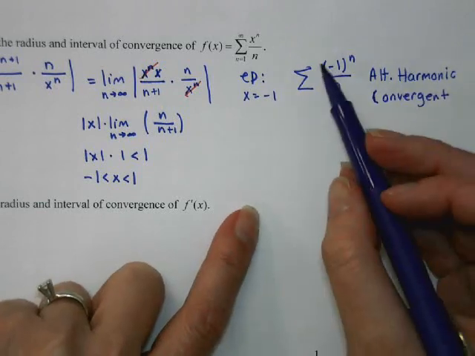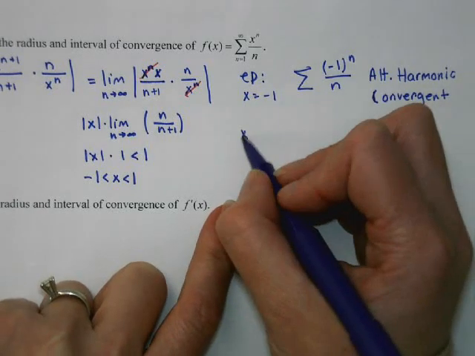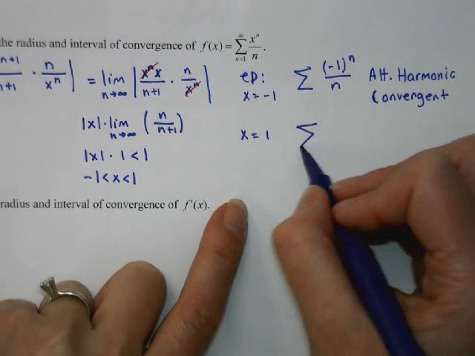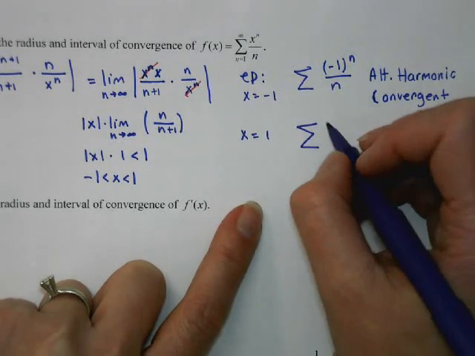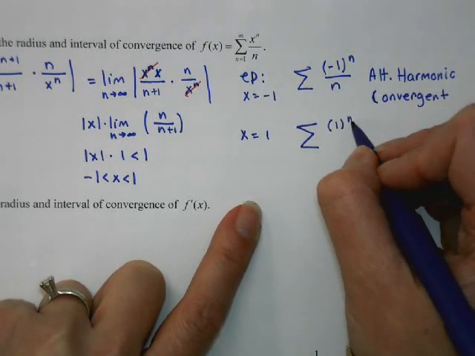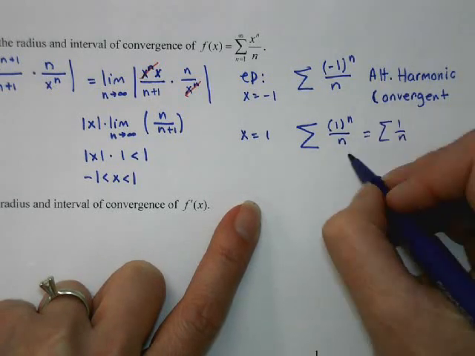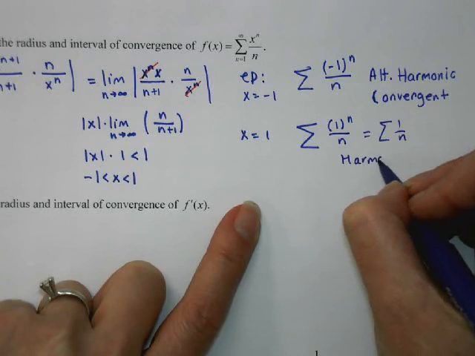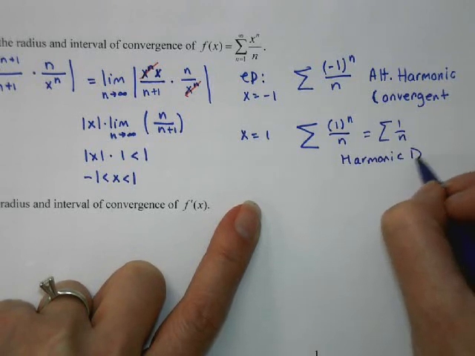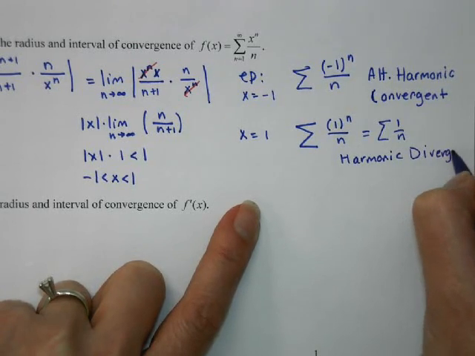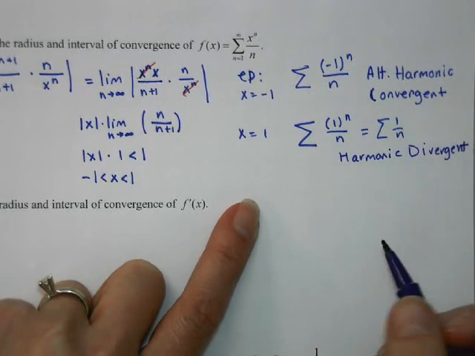And we can always say that if it's the alternating harmonic, it's convergent. What about when x equals 1? We have 1 to the n over n. Well, that is 1 over n, which is harmonic, divergent, because it is not the alternating version.